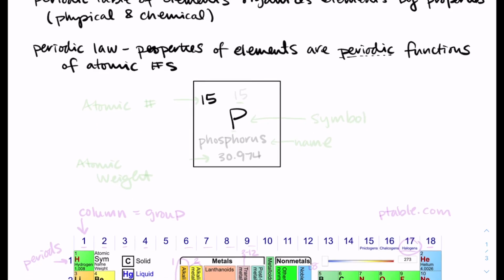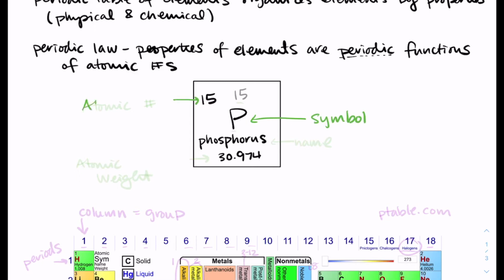So for phosphorus, that's 15. It might be over to the left. It might be directly above the phosphorus. That is the number of protons. And the things in the periodic table are arranged by the number of protons. So to the left of phosphorus, you will find silicon, which has 14 protons. And to the right of phosphorus, you'll find sulfur, which has 16 protons.